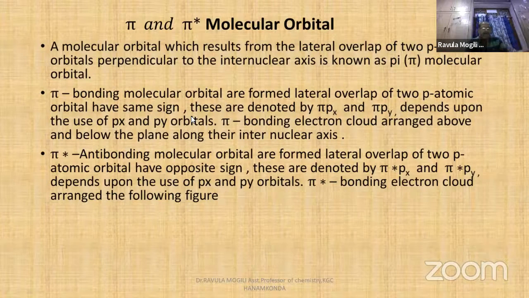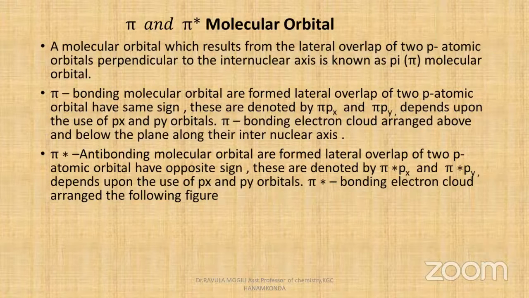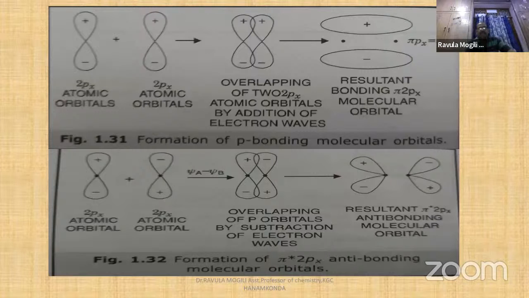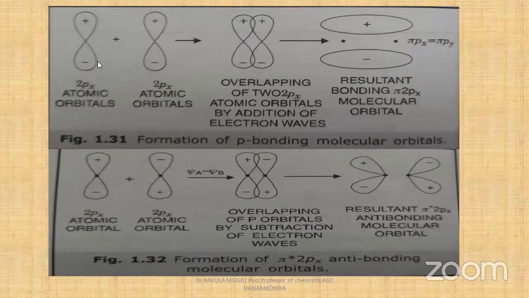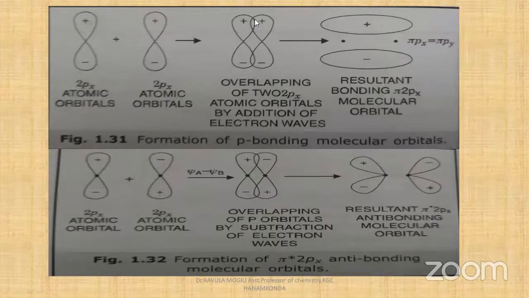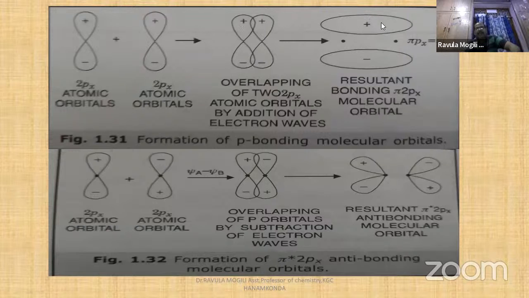These things can be explained by VBT. Now, a very important thing. This is a p orbital, and the p orbitals are intermixing. In pi bonding, the same sign is overlapped. This is a bonding py or bonding px orbital.